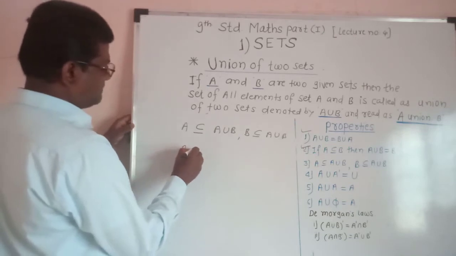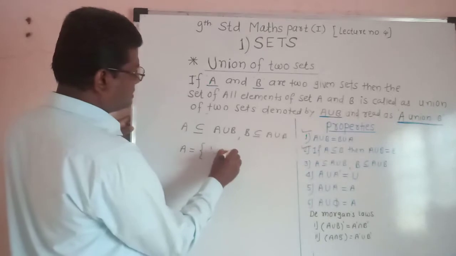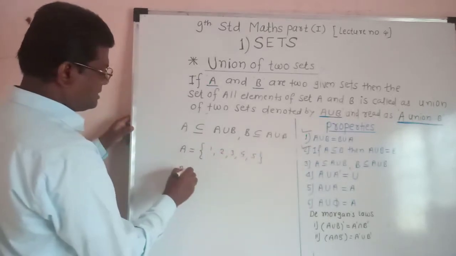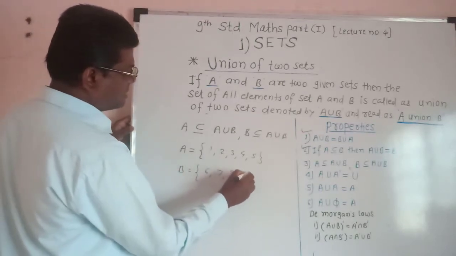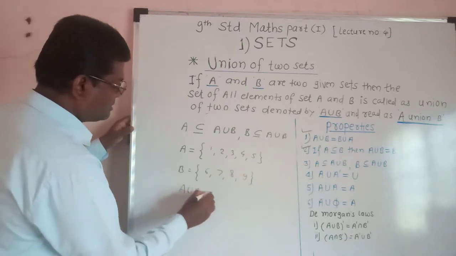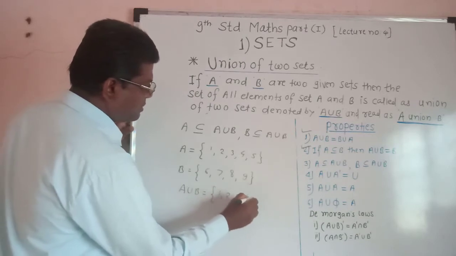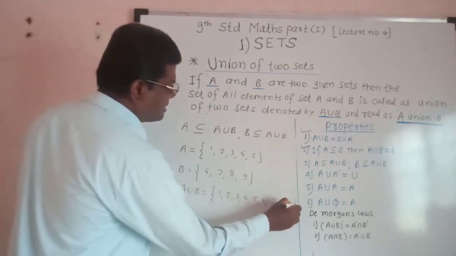Now consider set A is equal to 1, 2, 3, 4, 5 and set B as the set of 6, 7, 8, 9. Then we have A union B is equal to the set of elements 1, 2, 3, 4, 5, 6, 7, 8 and 9.